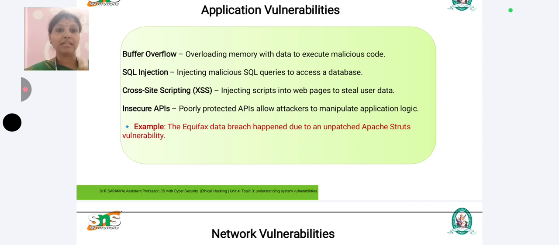Cross-site scripting injects a script into web pages in order to steal user information. Insecure application programming interfaces, poorly protected APIs, allow attackers to manipulate the application's logic. For example, the Equifax data breach happened due to an unpatched Apache Struts vulnerability.